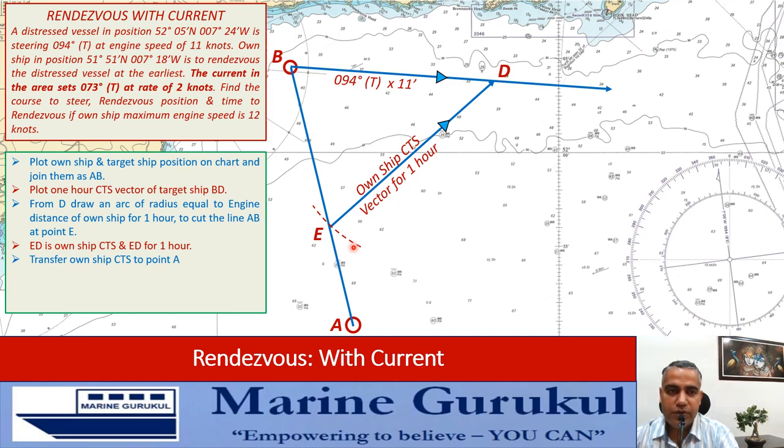Now we transfer the own ship CTS to point A. You can see the own ship CTS transferred to our initial position A. This is the own ship CTS visible on the screen now, and this meets the CTS vector of the target ship at point C. We can see point C on the screen.